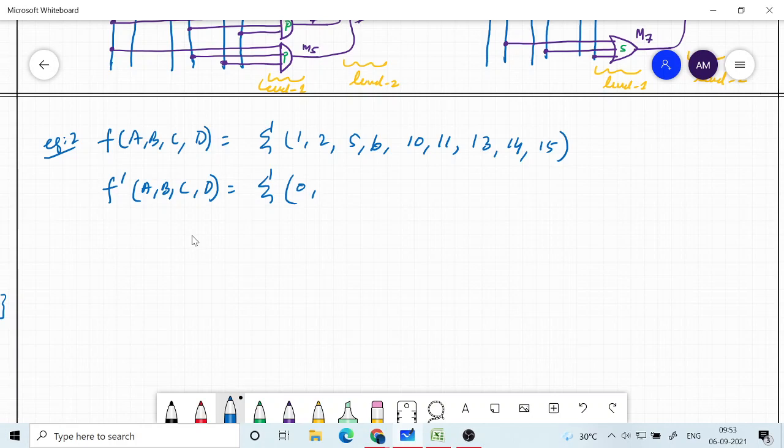So 0, then 1 is there, 2 is there, 3 is not there, 4 is not there, 5, 6 are there, 7 is not there, 8 is not there, 9 is not there, 10, 11 are there, 12 is not there, 13, 14, 15 are there. That's all.